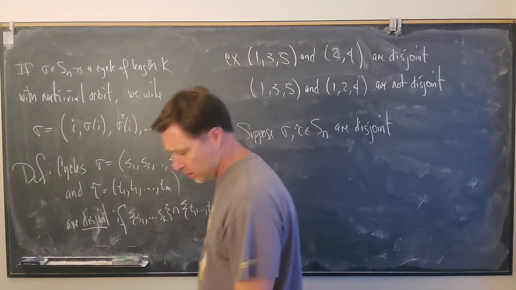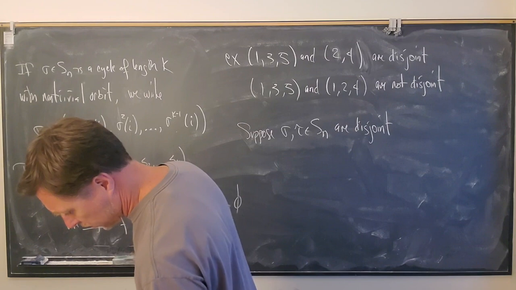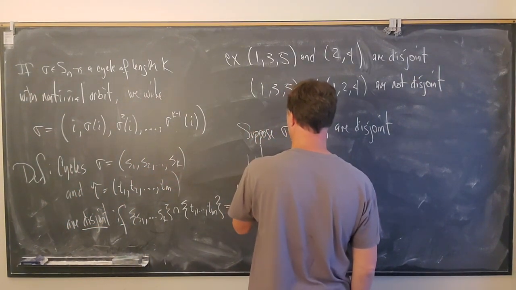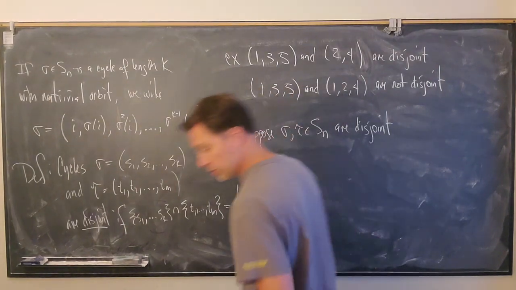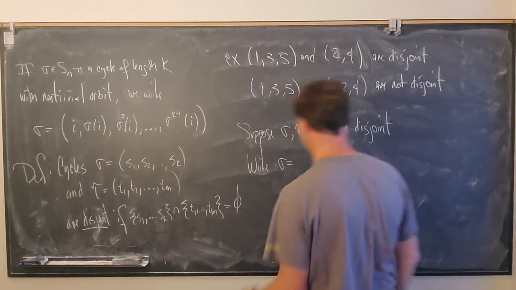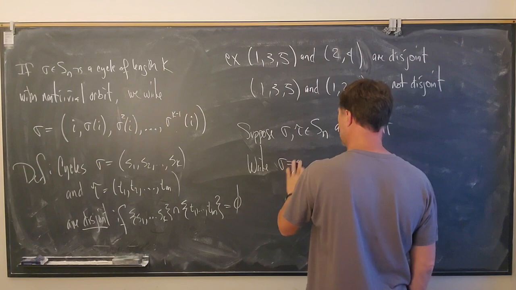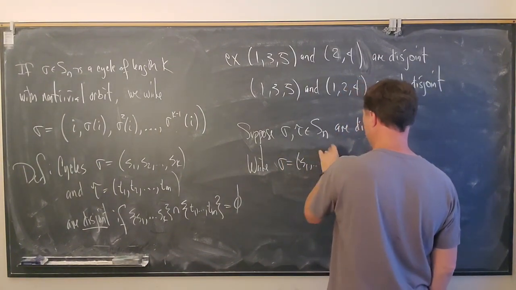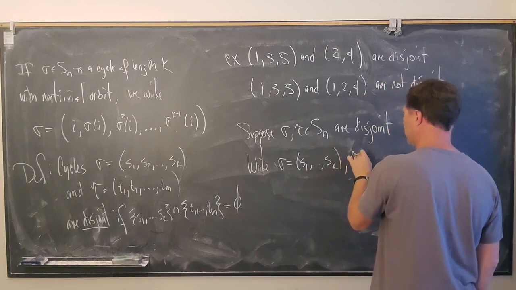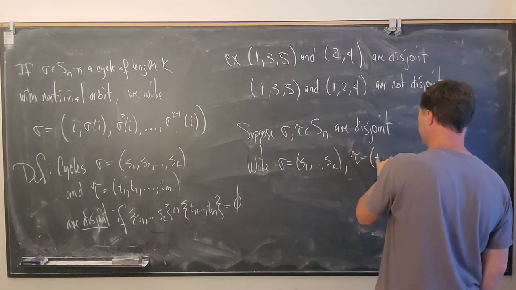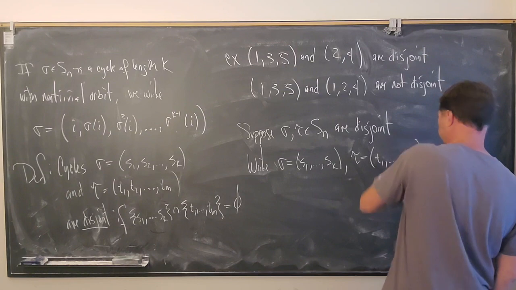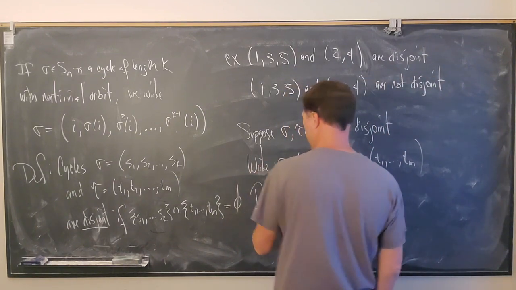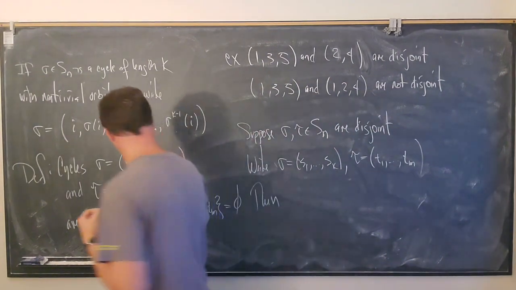What I'd like to look at, let's write them out: sigma equal to (S1 up through S sub k), just like we had before, and tau is (T1 up through T sub m). I want to get the formula.